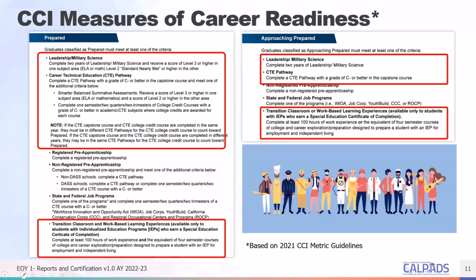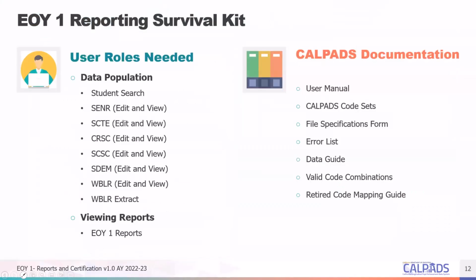And again, the criteria outside of the red outline come from non-CalPADS sources, like state and federal job programs or pre-apprenticeship programs. To successfully report your student data in CalPADS, LEAs need the proper user account roles assigned. The roles needed to populate data and view reports in end of year one are contained on the left-hand side of this slide.